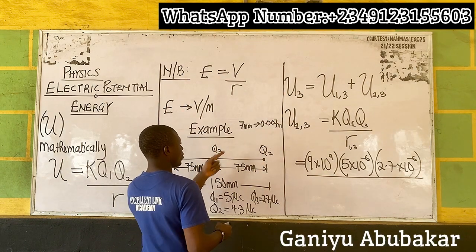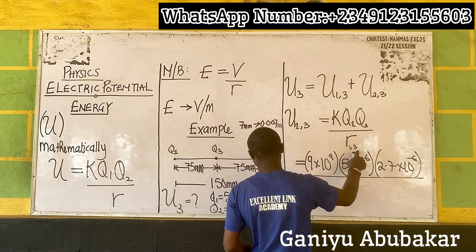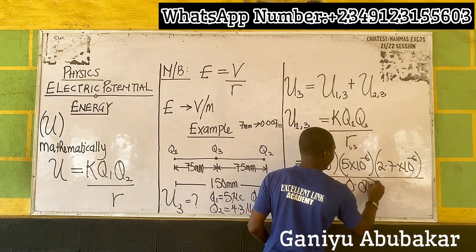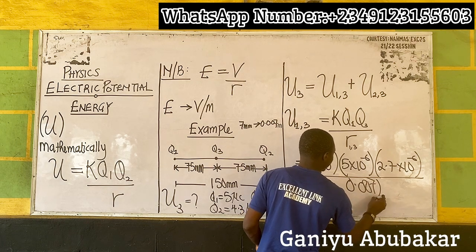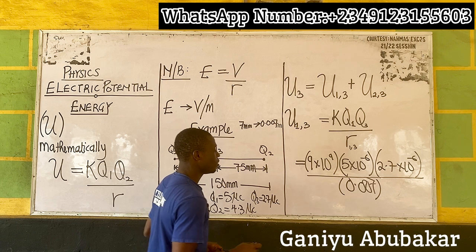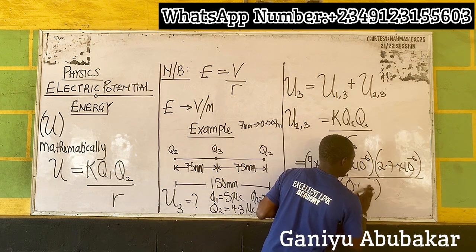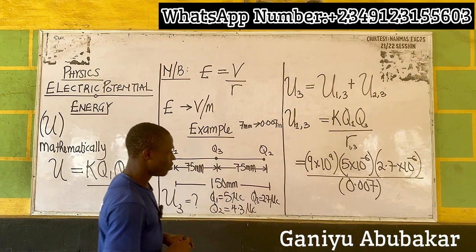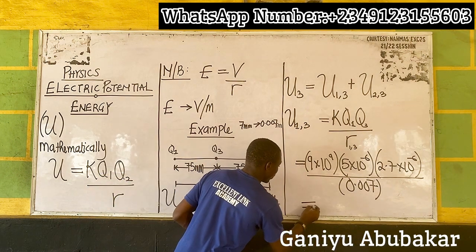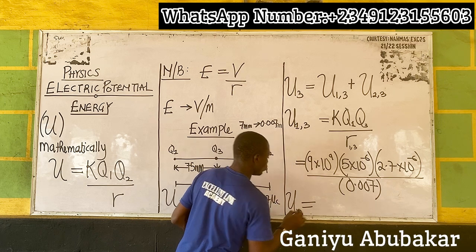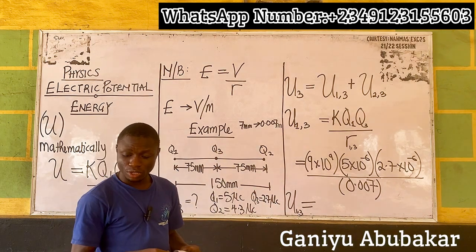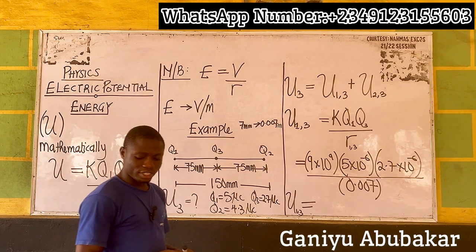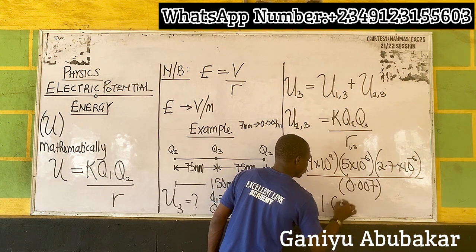So r13 gives you 0.007. From here, what do I get? What's U13? If I punch the calculator, I shall have 1.62.